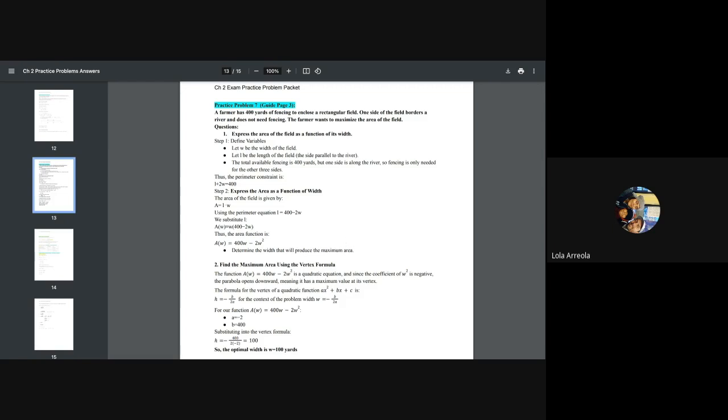Is that right? Okay. Then -2 times 2,500 is -5,000, plus 10,000. Look at that, I got the same answer. What's -5,000 plus 10,000? It's just 5,000 yards squared. Okay, so there's two ways to solve for that.